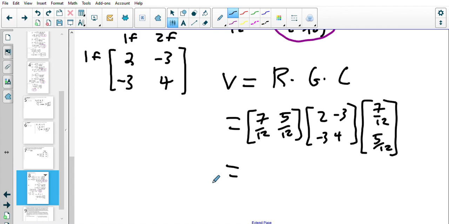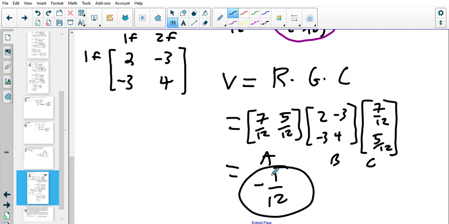And then, just like magic, A times B times C equals, as a fraction, -1/12. So, looks like a slightly losing game for player 1 in the long run.